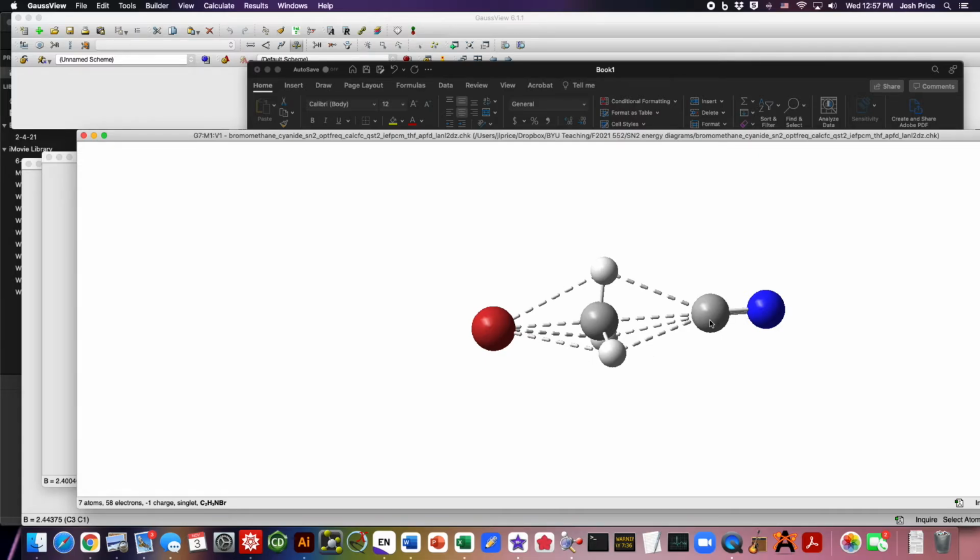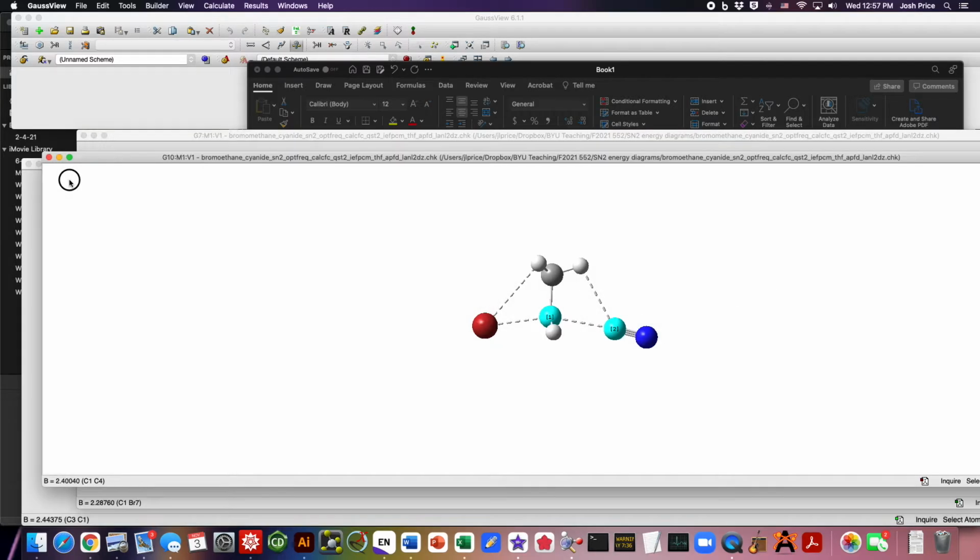Here is the transition state for cyanide reacting with bromomethane, and we can measure the distance between bromine and carbon at 2.2 angstroms.